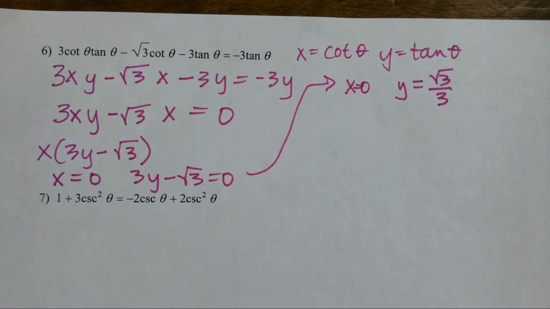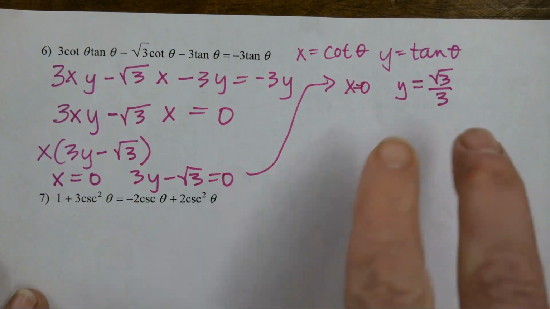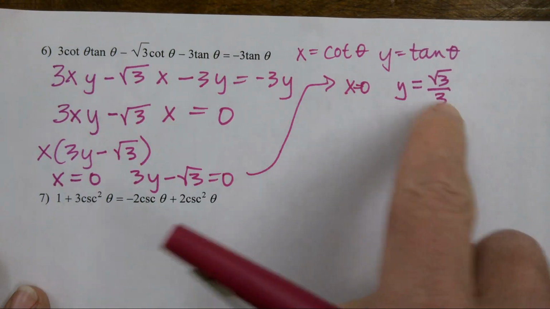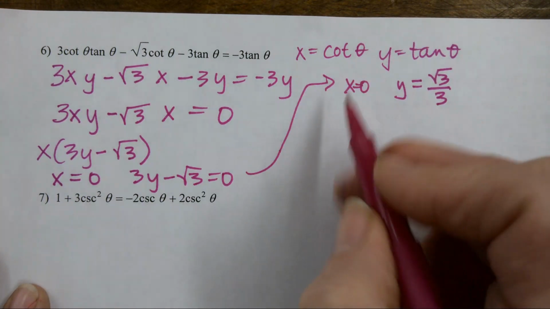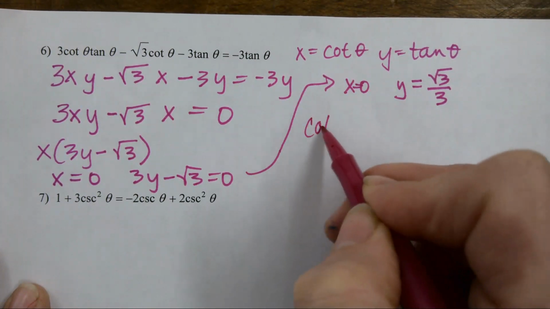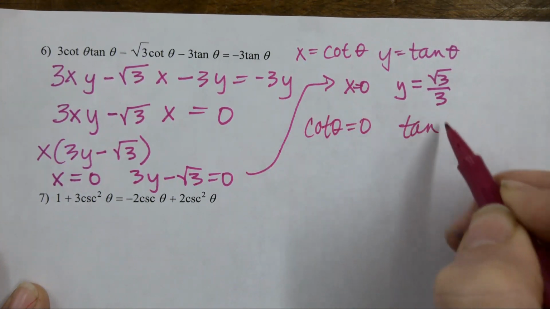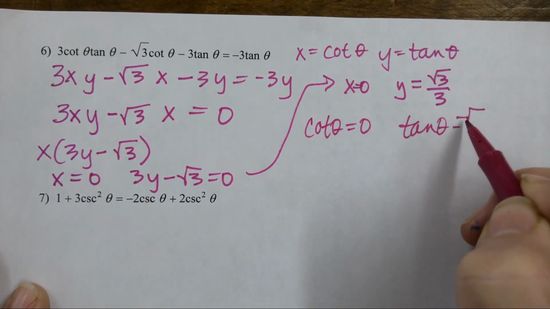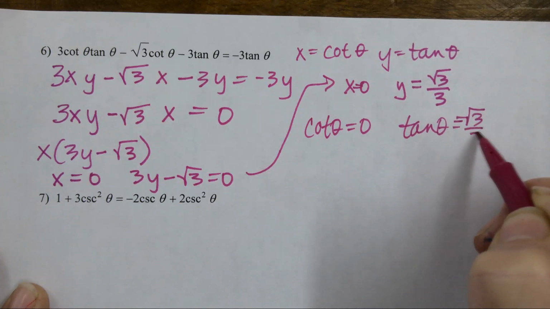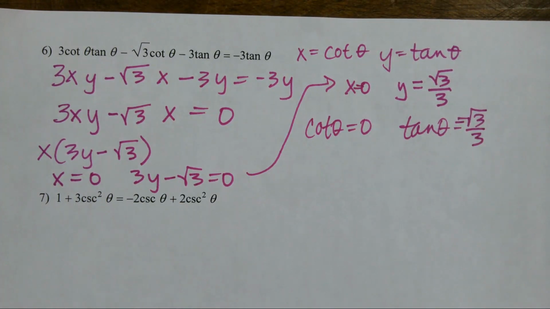So when is that the square root of 3 over 3? Hopefully both of these look familiar. So I want to figure out when the cotangent is 0 and when the tangent is the square root of 3 over 3. When is the cotangent 0?